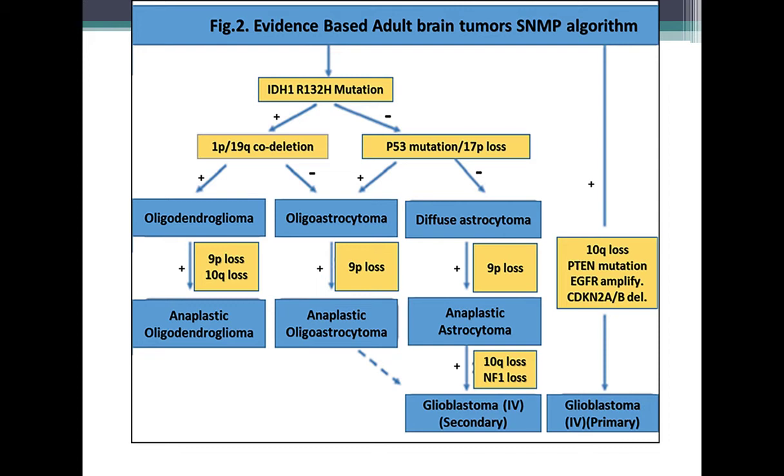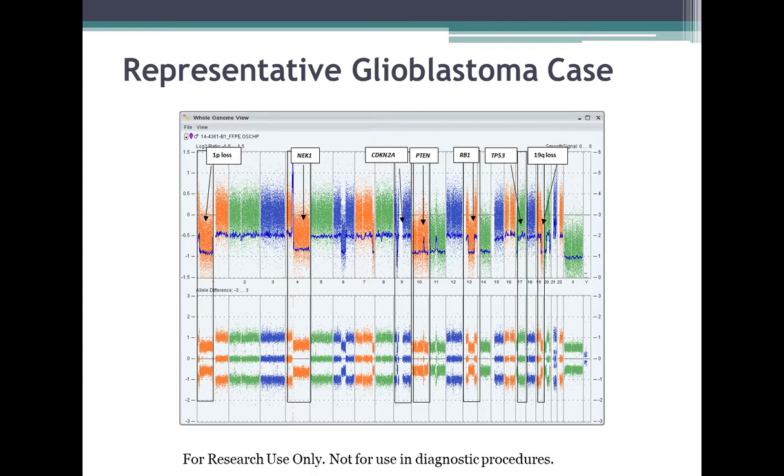And this is just an evidence-based, publicly available algorithm which talks about the molecular subclassification of adult brain tumors on SNP arrays, especially in OncoScan FFPE.